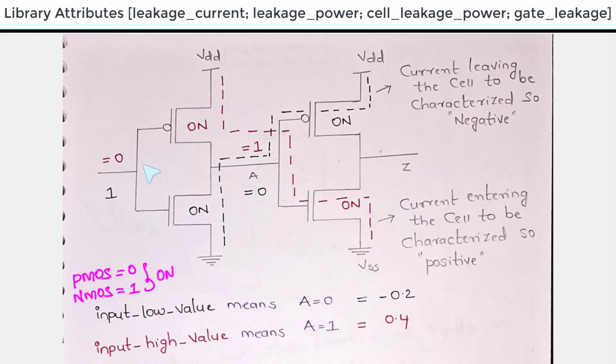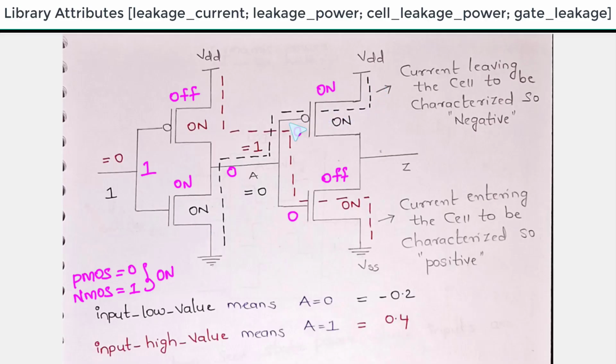Next, second case, when I am applying 1 here, so 1 for PMOS, this will be off, this will be on. If it is on, it will be connected to ground, so I am getting output as 0. Now the 0 is applied to PMOS as well as NMOS. So here this will be on, this will be off. So there exists a path in this manner. Here this will be on and here this will be on.